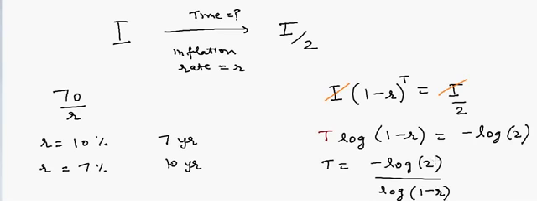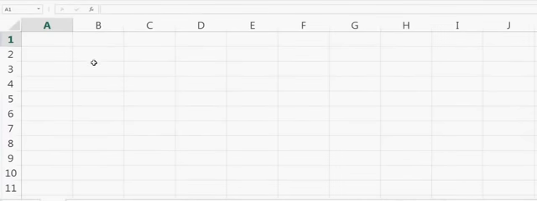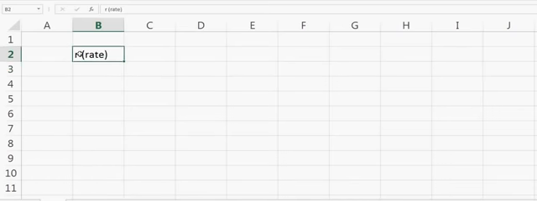So instead of doing this complicated calculation, we can use this trick, but let's do this complicated calculation in Excel and see how this trick was made. So let's go to Excel, and suppose we have an interest rate, which is not the interest rate, it's the inflation rate.